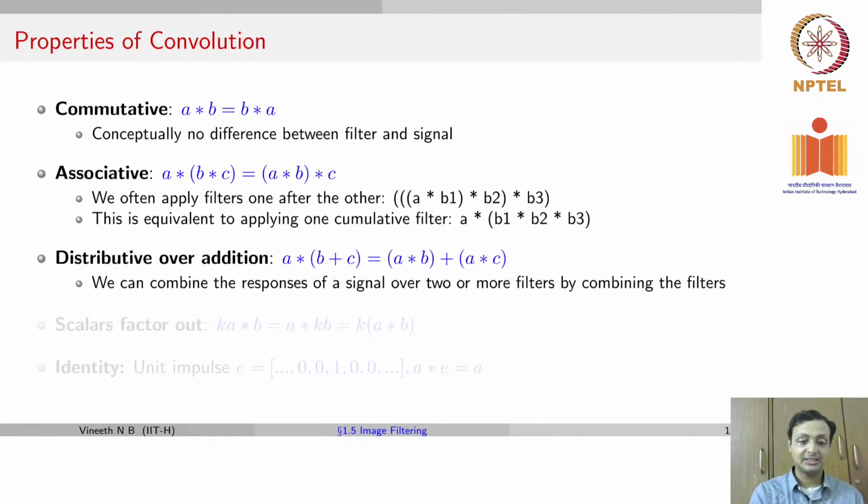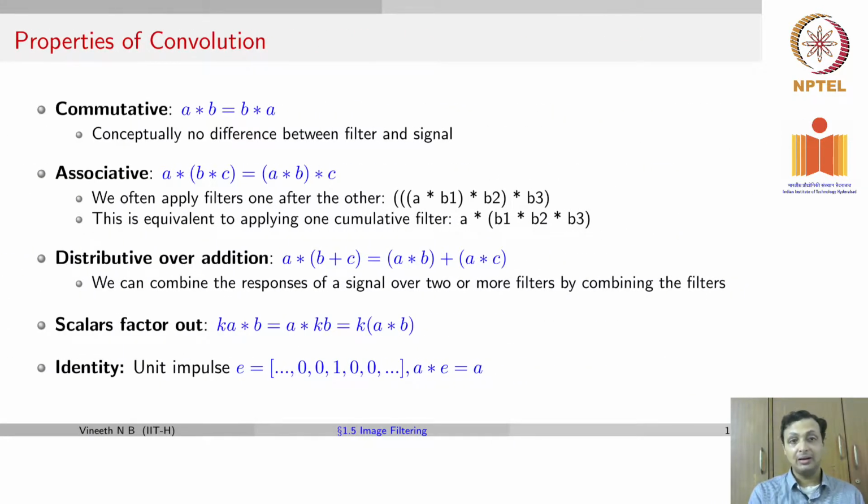Other properties are that it's distributive over addition. So A convolution (B plus C) is A convolution B plus A convolution C. I think we saw it with linearity too. It factors out scalars. K times A convolution B is A convolution KB, which is nothing but K times (A convolution B). And as we already saw, if you had a unit impulse, which is defined by a vector like this, so it has a 1 in the center, 0 everywhere else.